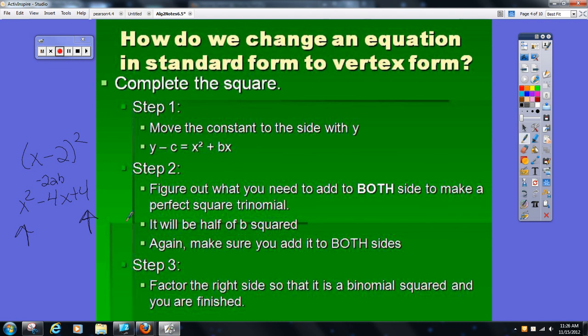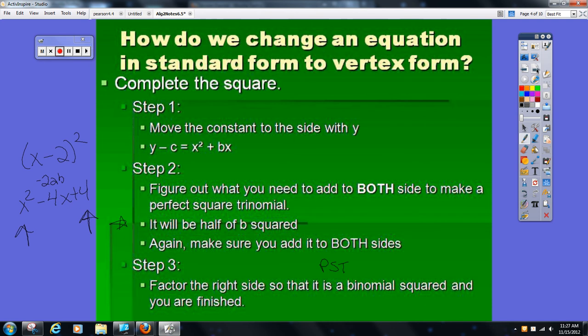And this is the key: it's going to be half of whatever B is, and then squared. So we'll add that to the side. But when you add something to the right side, you have to also add it to the left. Then you'll go ahead and factor that right side because it will now be a perfect square trinomial, so you can easily factor it. And then it's finished. Then it will look like it's supposed to look.